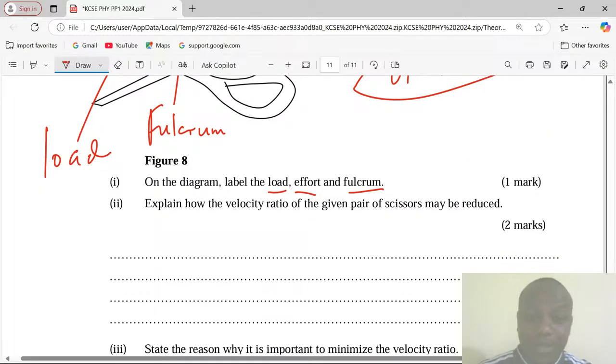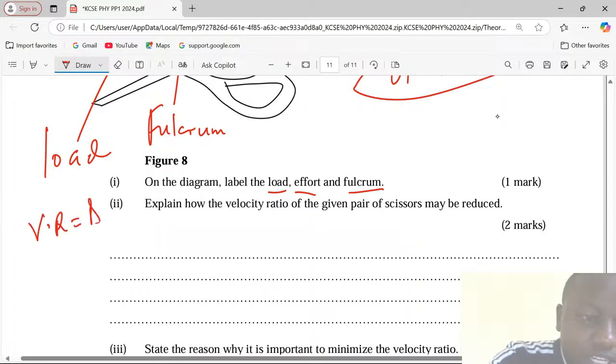Explain how the velocity ratio of the given pair of scissors may be reduced. How can we reduce the velocity ratio? Remember, VR is usually distance of effort out of distance of load.